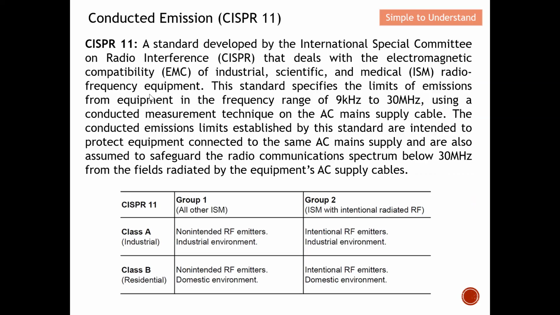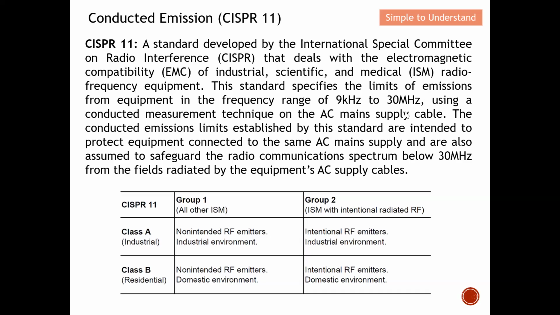For example, if you build a product that transmits in the unlicensed band, which is the ISM band, then you can use CISPR 11 to perform the test and measurement of conducted emission. This standard specifies the limits of emission from equipment in the frequency range of 9 kilohertz to 30 megahertz, using a conducted measurement technique on the AC main supply cable.